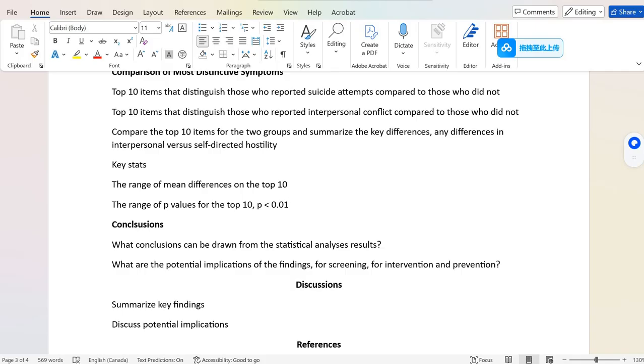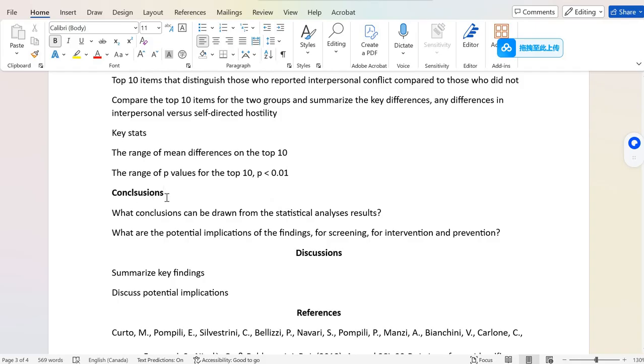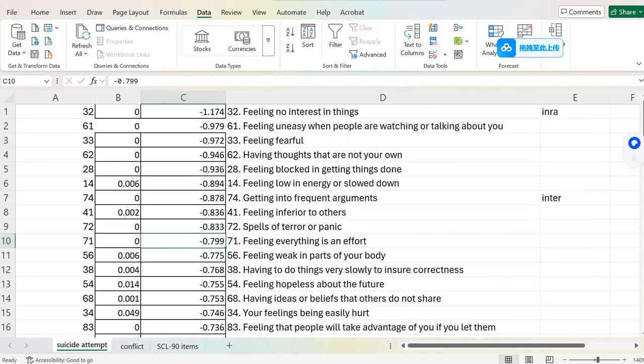If the p-value is smaller than 0.01, 1%, that's even more significant. This is a more stringent criterion for determining statistical significance. In your paper, you can say all the differences between the two groups on the top 10 list were statistically significant, p smaller than 0.01. You can save some space. You don't have to mention the p-value for each comparison.